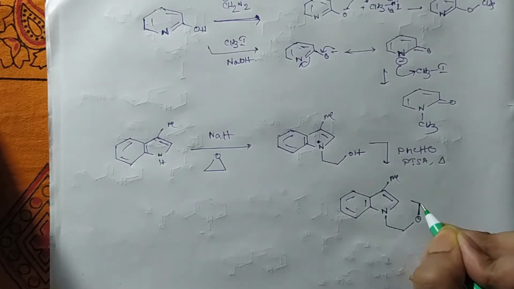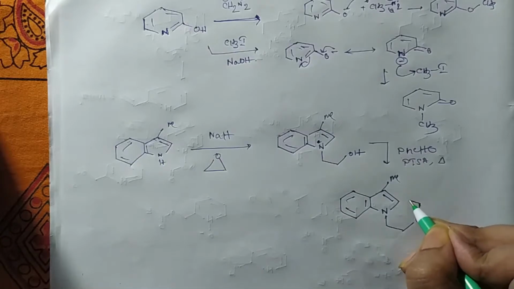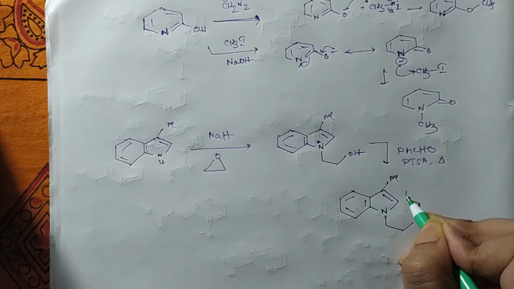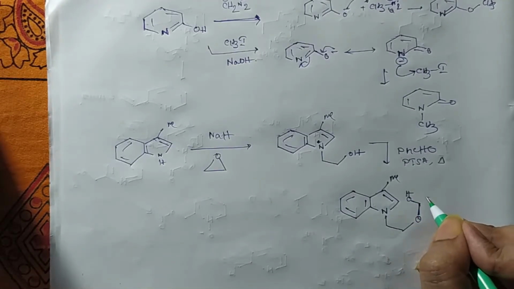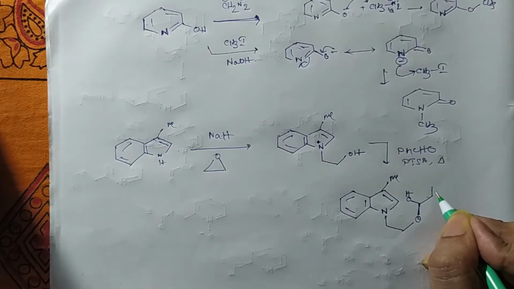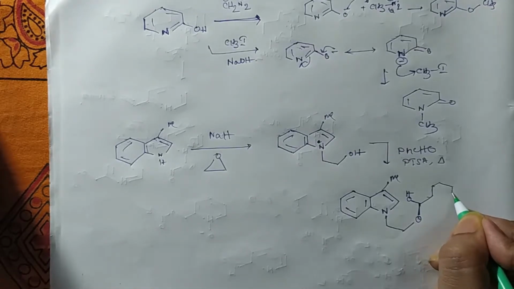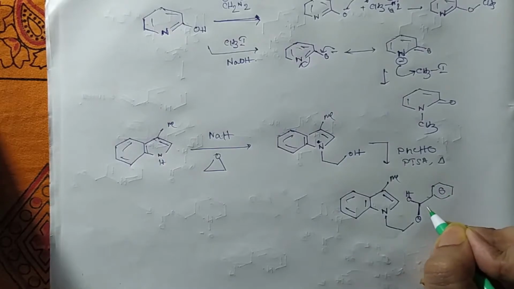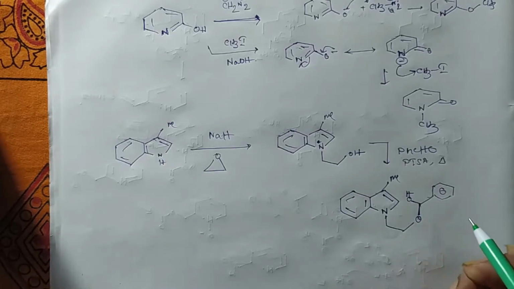So this is the carbonyl carbon of the benzaldehyde. So here the OH will occur and this is the benzene ring. So this is the acetal linkage which is formed.